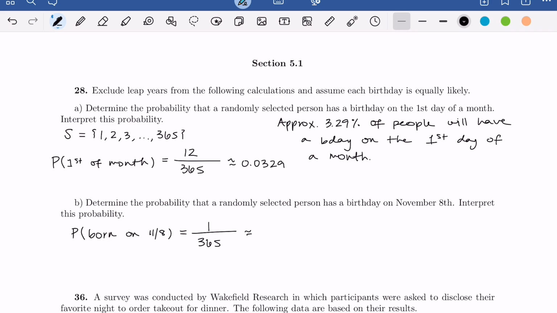And this is going to be approximately 0.0027. Okay, so this means that approximately 0.27% of people will be born on November 8th if we were to select a bunch of individuals at random.